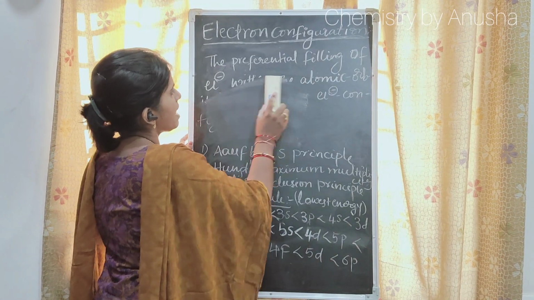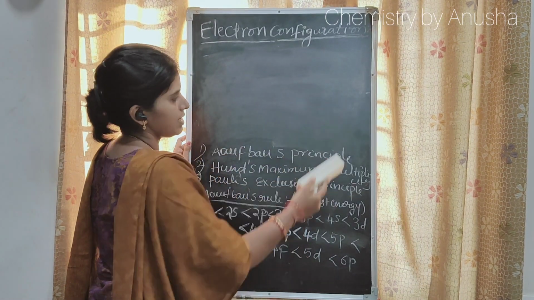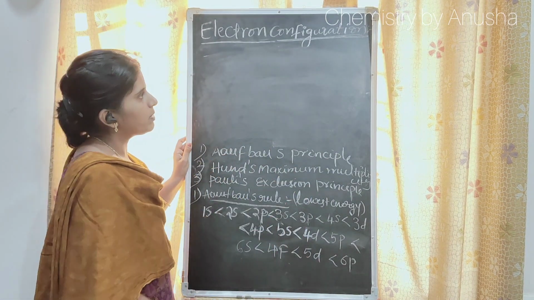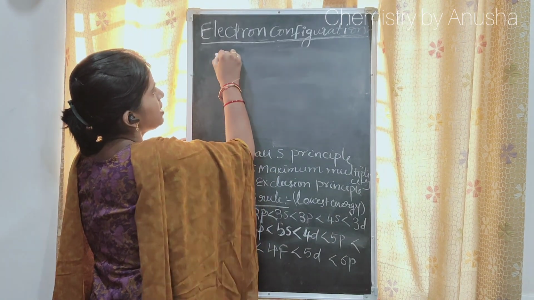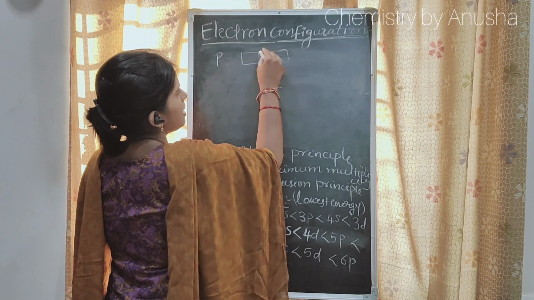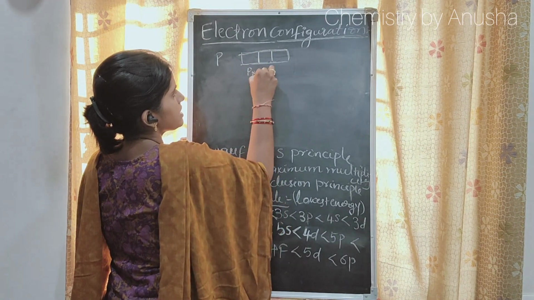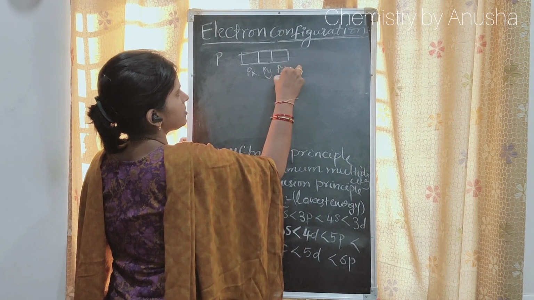Hund's maximum multiplicity rule is applicable for degenerate orbitals. The p orbital has 3 degenerate orbitals, that is px, py, pz.